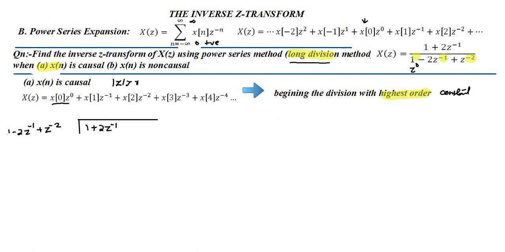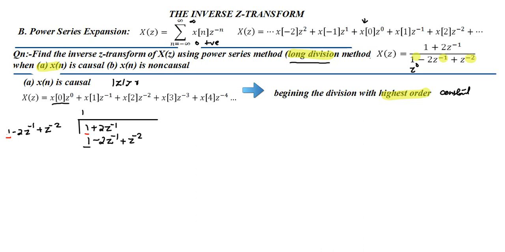To divide, the first term here is 1 and the first term there is 1, so I divide these two terms: 1 divided by 1 is 1. Now I multiply this 1 by the divisor: 1 minus 2z raised to minus 1 plus z raised to minus 2.